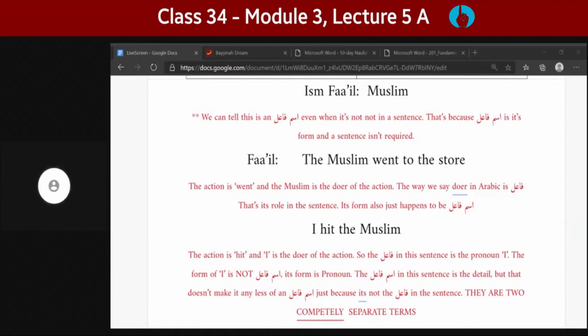The muallim can sometimes be teaching. The muallim can also go to the store. The muallim can also be hit. The muallim can also sleep, right? While the meaning of muallim tells us that he teaches, and that's what he's being identified by, that doesn't mean he's always going to be teaching whenever you see him. Okay, I hope that's clear now.